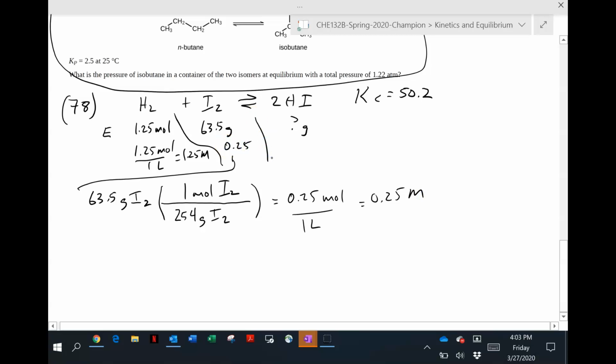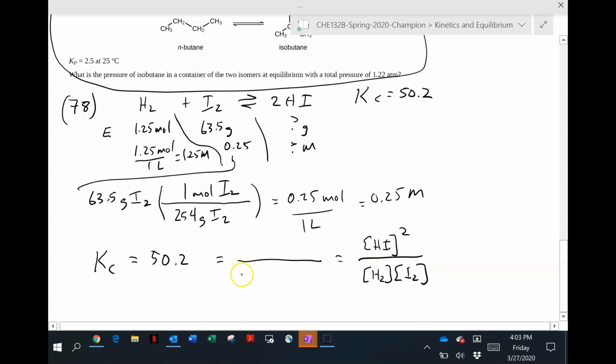So now we can figure out what the molarity is for HI. So we'd say that Kc is equal to 50.2. That's equal to, I'll put the numbers there. And then what I'm writing here though is HI squared divided by H2 times I2. So H2 we know is 1.25. I2 we know is 0.25.